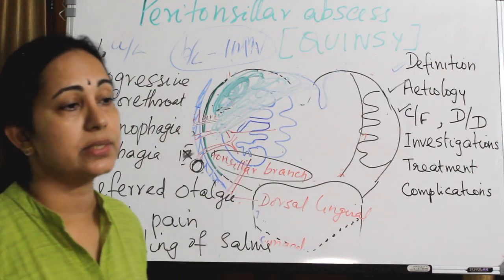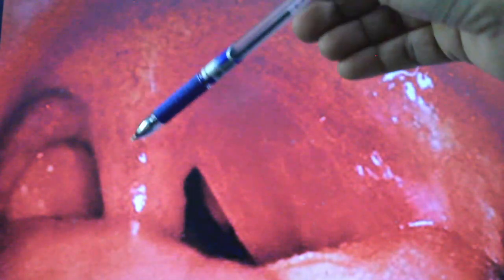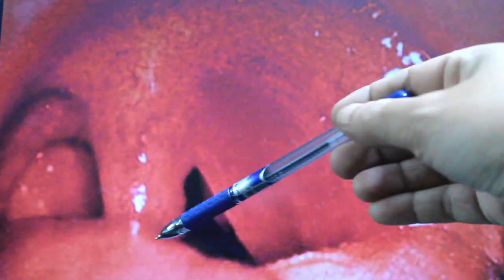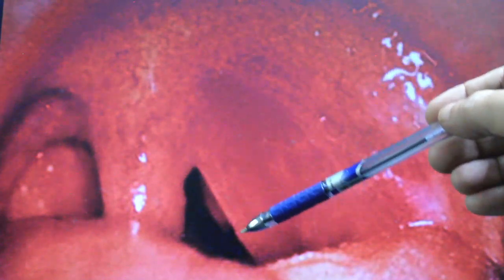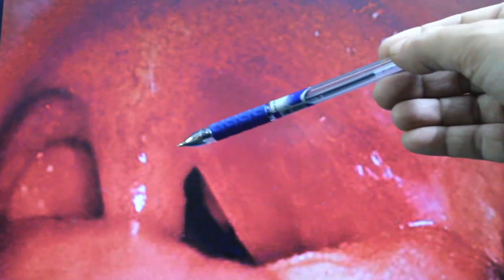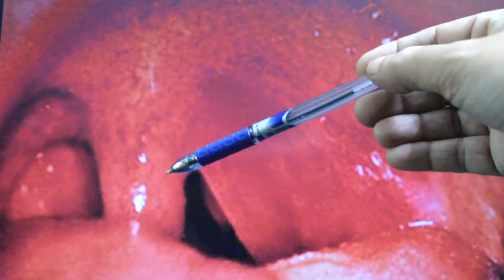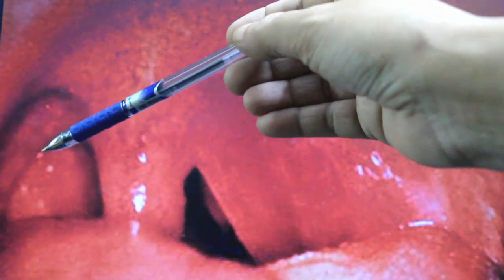So on examination, what all things will you get? This one is a clinical picture of peritonsillar abscess or quinsy on the left side, right tonsil, below the posterior one-third of the tongue, soft palate. See the edema of the soft palate, and this one is the anterior pillar of the left tonsil, and there is also edema of the uvula, and the uvula is pushed to the other side.